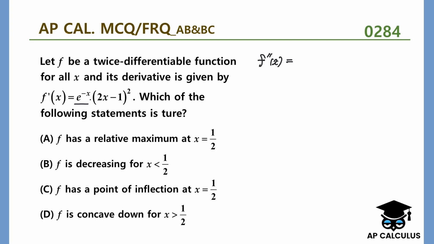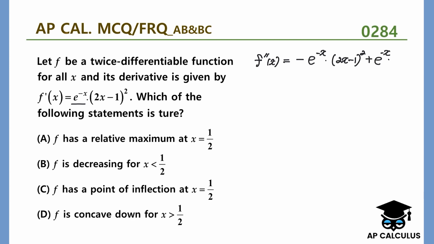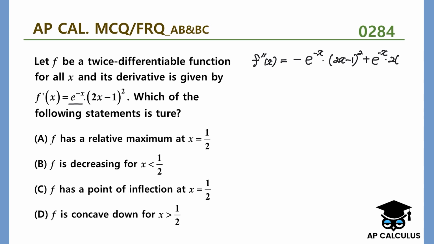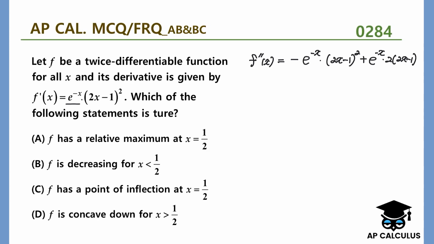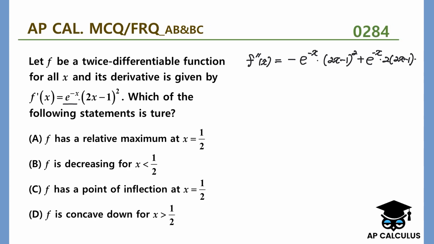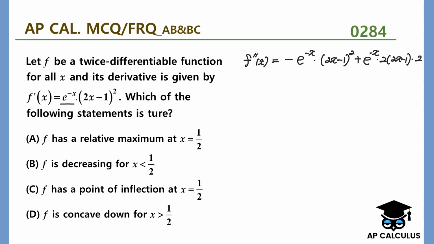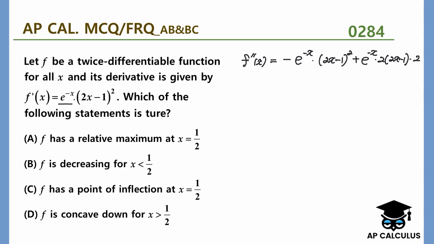The derivative of e to the negative x is negative e to the negative x, and we have (2x minus 1) squared, plus, leave this function alone and find the derivative of (2x minus 1) squared. That's the power rule, 2 times (2x minus 1) times the derivative of 2x minus 1, that's 2 by the chain rule, right?